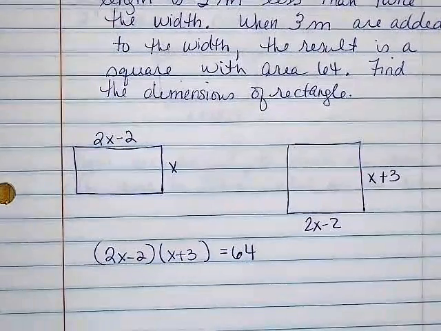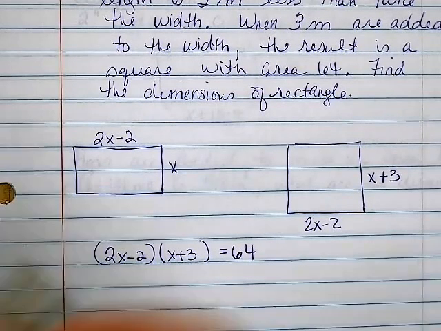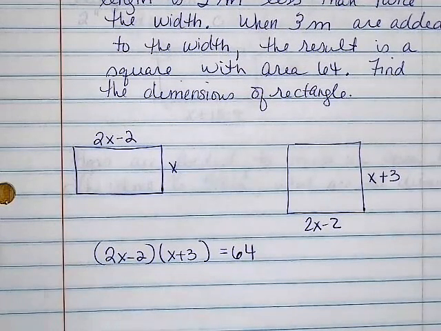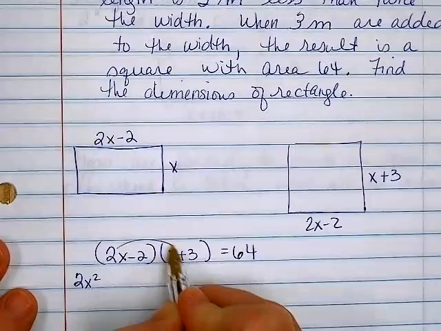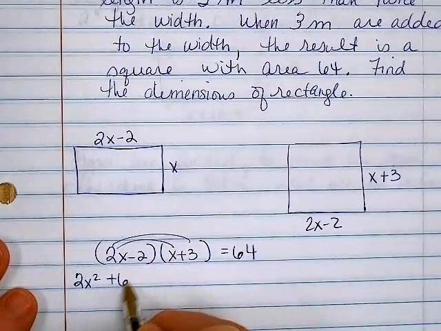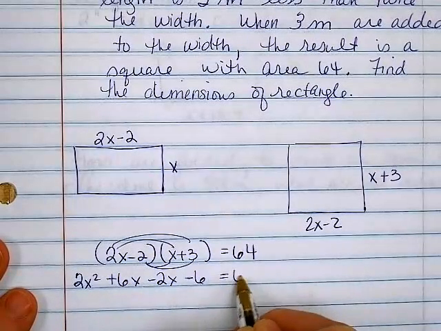So it sets us up for a quadratic equation, and what we need to do is move the 64 over, FOIL out the left side, and then refactor or use the quadratic formula. So I'm going to use FOIL here, and I'm going to have 2x squared plus 6x minus 2x minus 6 equals 64.